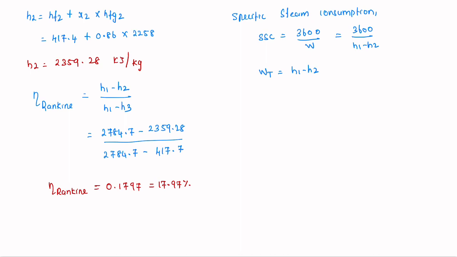By substituting the value of H1 minus H2 in this equation, you can get the value of SSC. That is, specific steam consumption is equal to 3600 divided by 2784.7 minus 2359.28, and the specific steam consumption is equal to 8.46 kilogram per kilowatt hour.